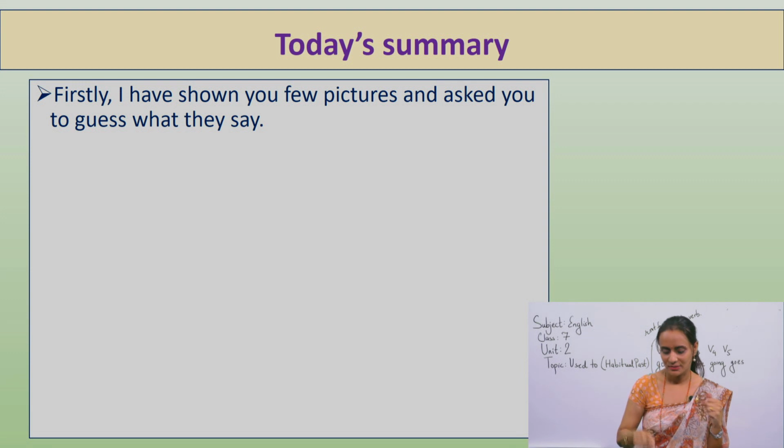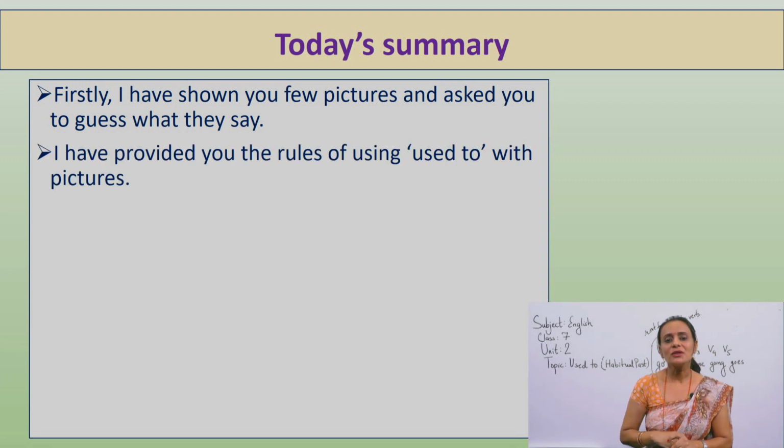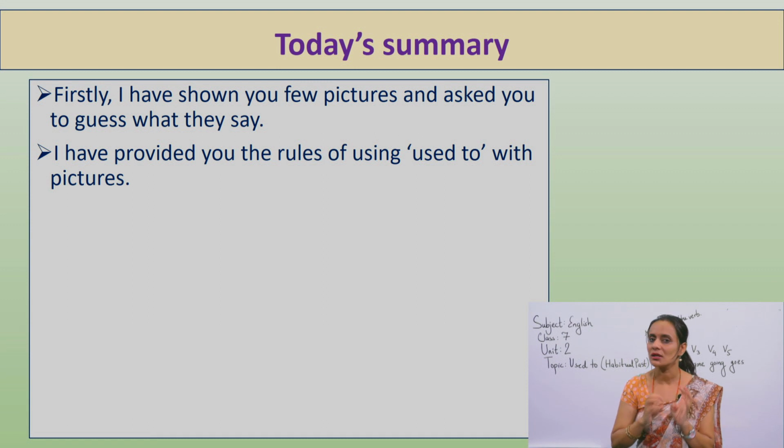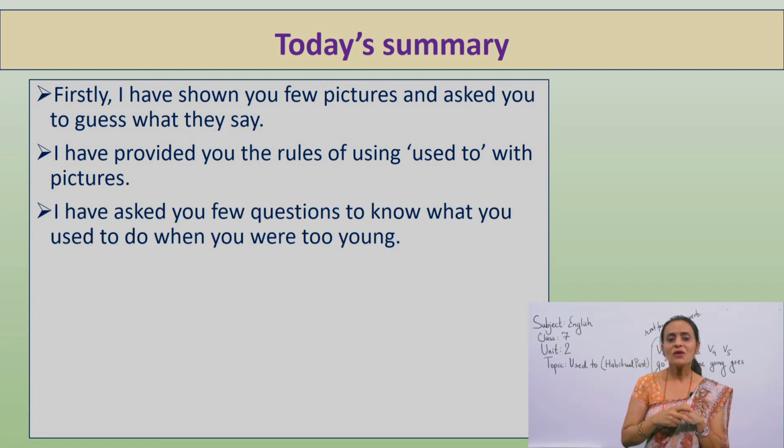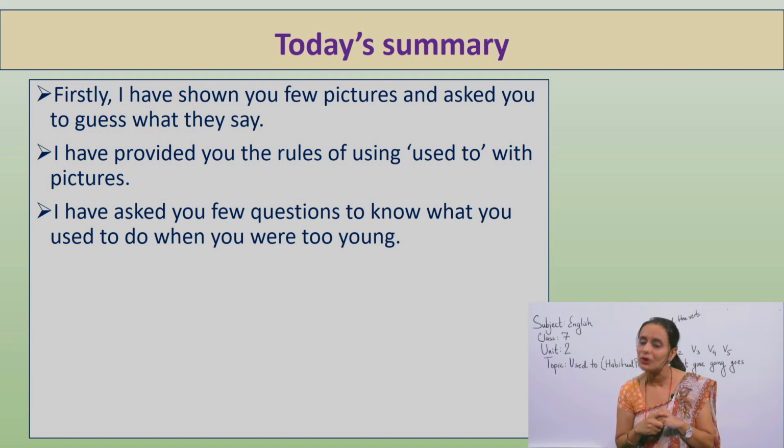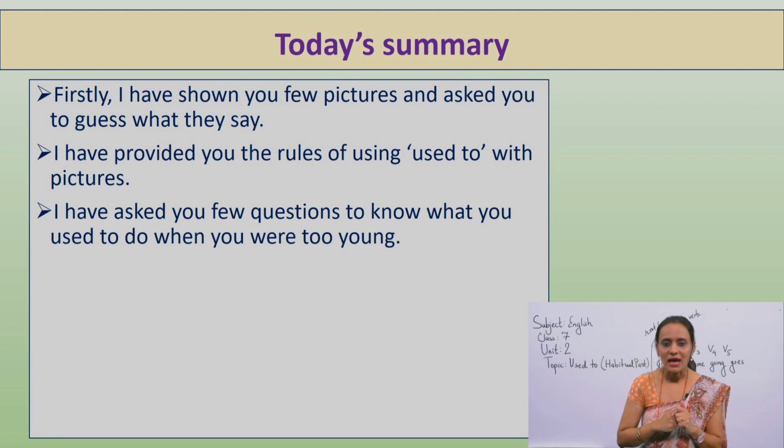Is it? Yes. Now, I have provided you the rules of using used to with pictures also. I have shown so many pictures, and I have provided you the rules also. I have asked you a few questions to know what you used to do when you were too young. And I guessed that, and I wrote it there on the slide.